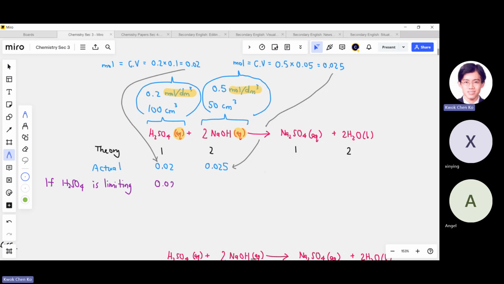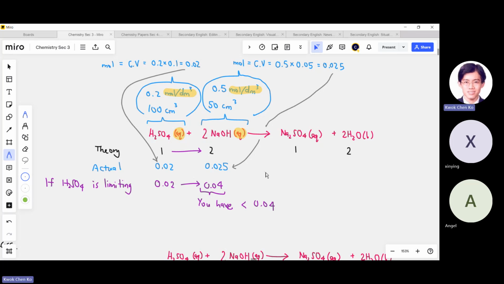So the limiting reactant will be fully used up. Ratio 1:2, so 0.02 is to 0.04. Now, do I have 0.04 of sodium hydroxide? No, I don't. You only have less than that. In actual fact, you only have 0.025.